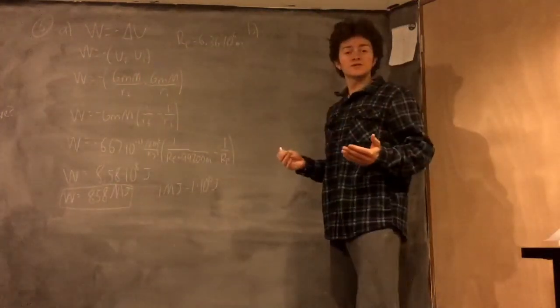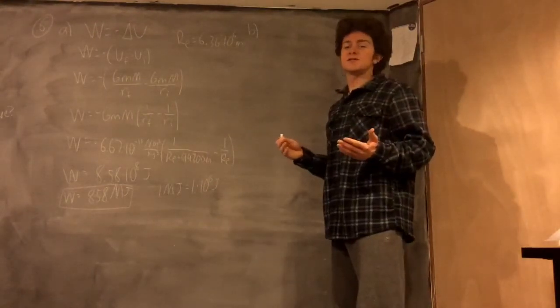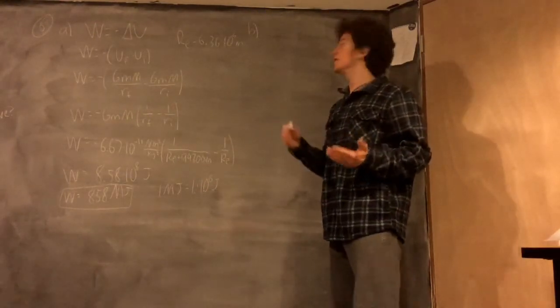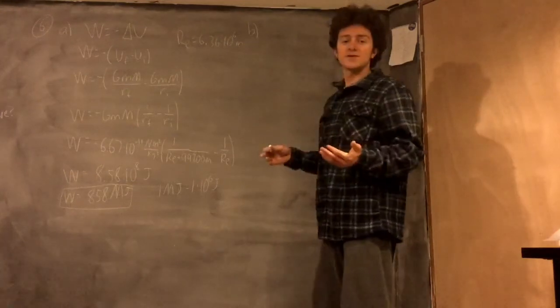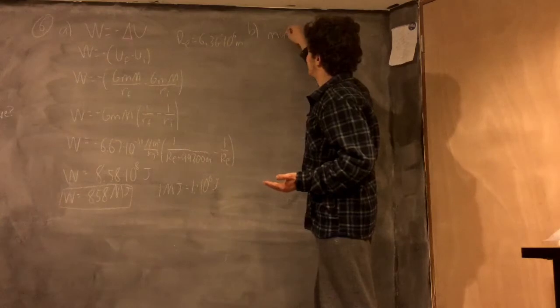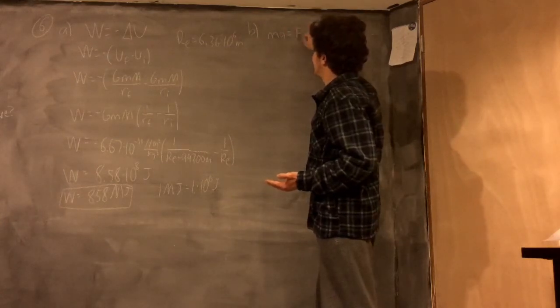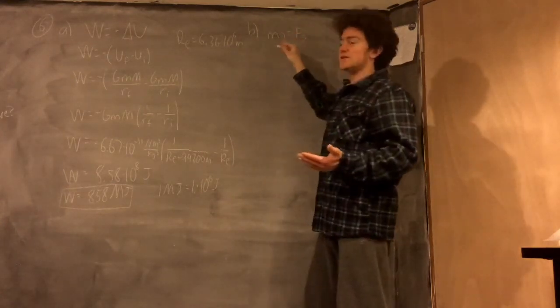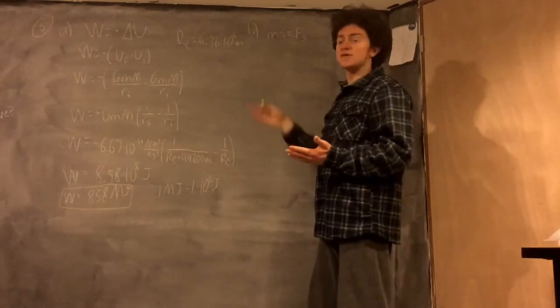And part B asks us the amount of work that needs to be done to send the object in a circular orbit at that elevation. So starting off with our general equation, we know that ma is equal to F_g. In this case, the acceleration is going to be v squared over r because it's moving in a circle.